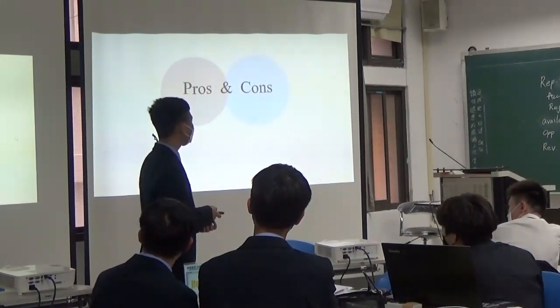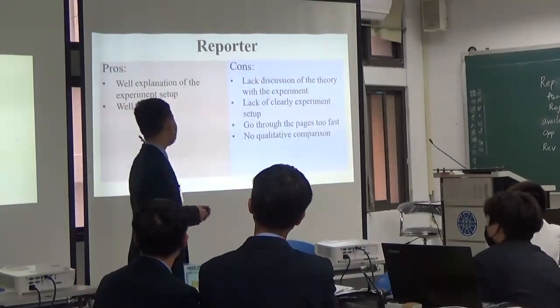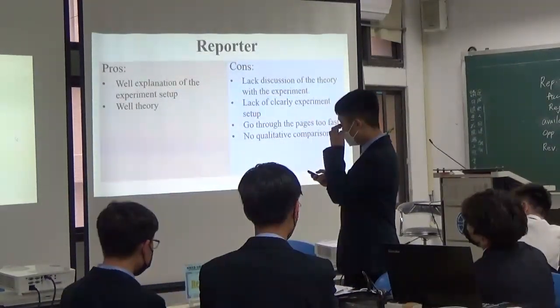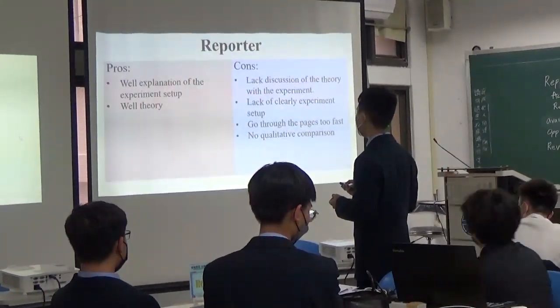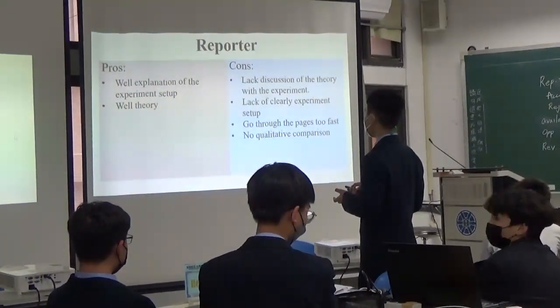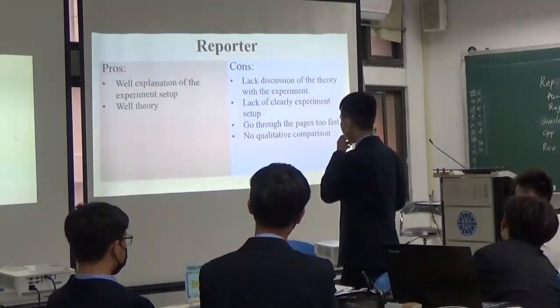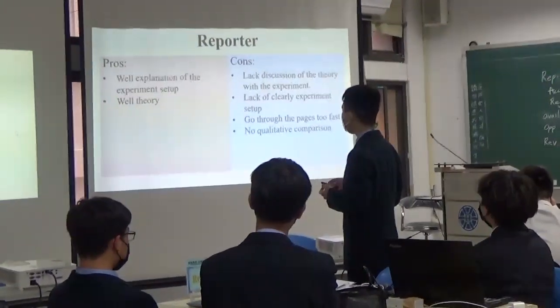Now the pros and cons. For the reporter, the pros are a well explained experiment procedure and well explained theory. But the cons are a lack of discussion connecting the theory with the experiment, since there are not many clear experimental setups, and there is no correlated comparison.